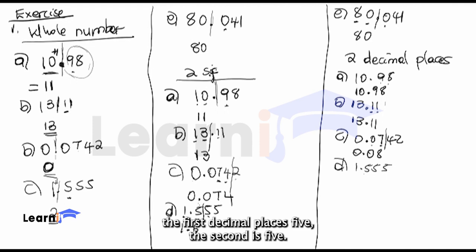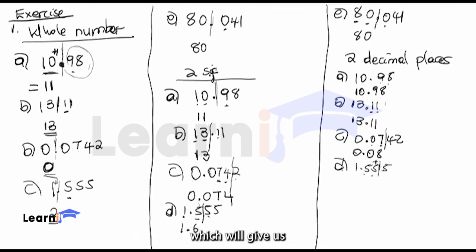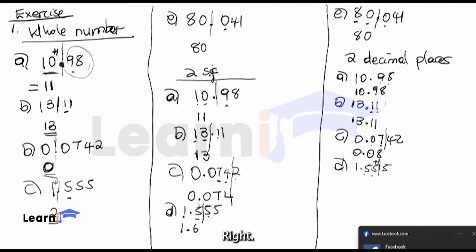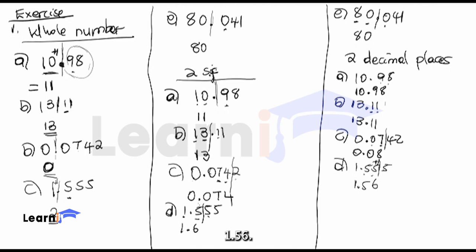We can move on to D, where we have 1.555. The first decimal place is 5, the second is 5, so this is where we draw a line. Now 5, we're going to be adding 1 this side, right? Now in this case, we'll be having an answer 1.56.